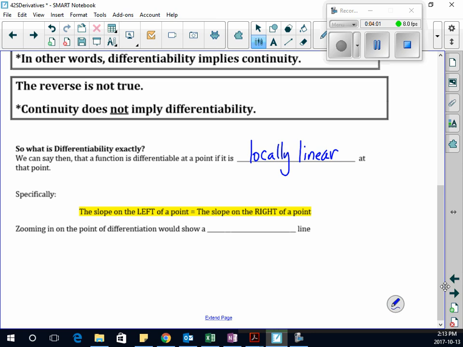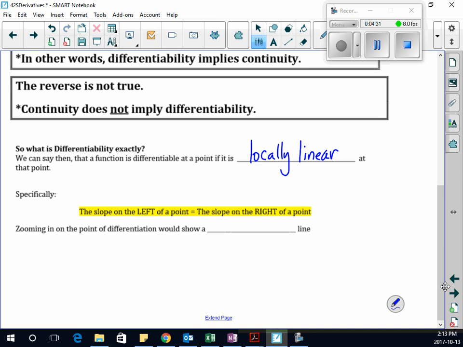If I zoom in to a curve or some function, if you zoom in close enough, it starts to look like a line. Have you seen that? If you just focus in on a certain point, it actually looks like a line. So that's what I mean by locally linear. If it looks like a line, I can find the slope.